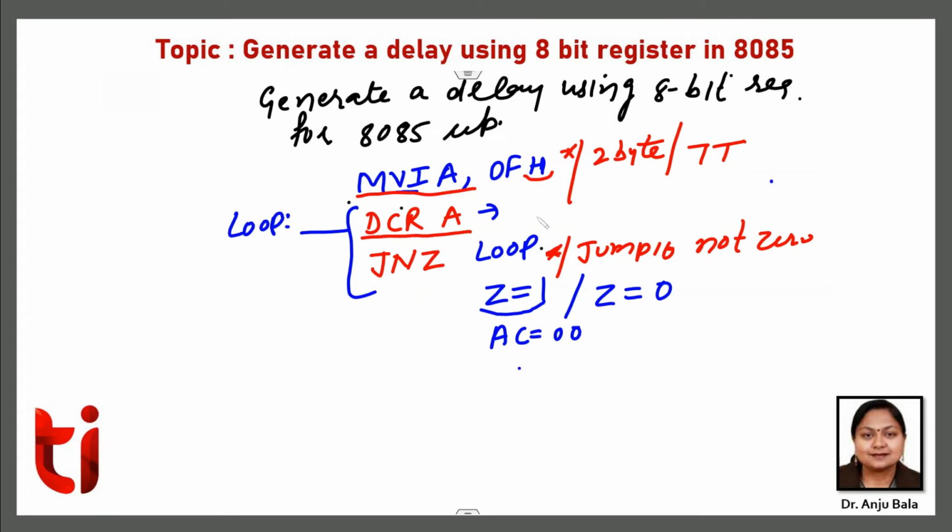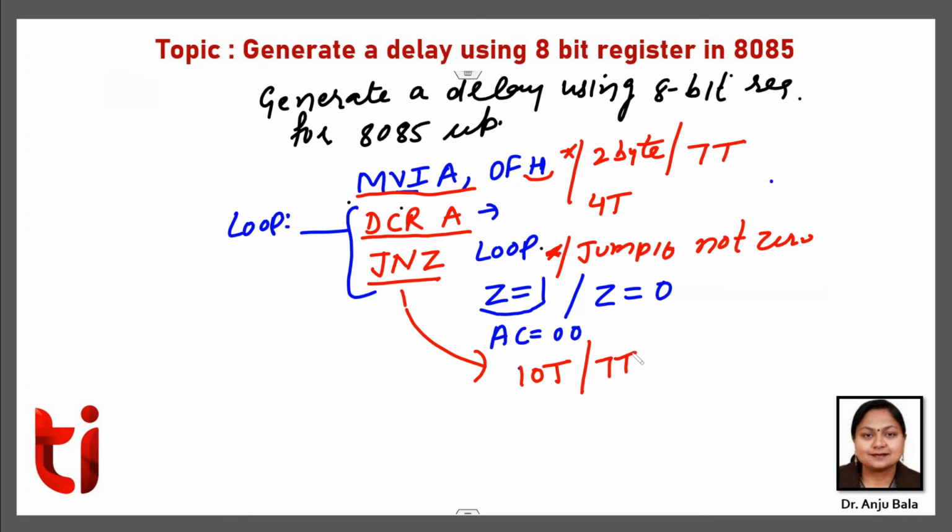For decrement A, we need 4 T states because only opcode fetch is required. For jump if not 0, it requires 10 T states if the condition goes into the loop. If it exits from the loop, then it requires 7 T states.